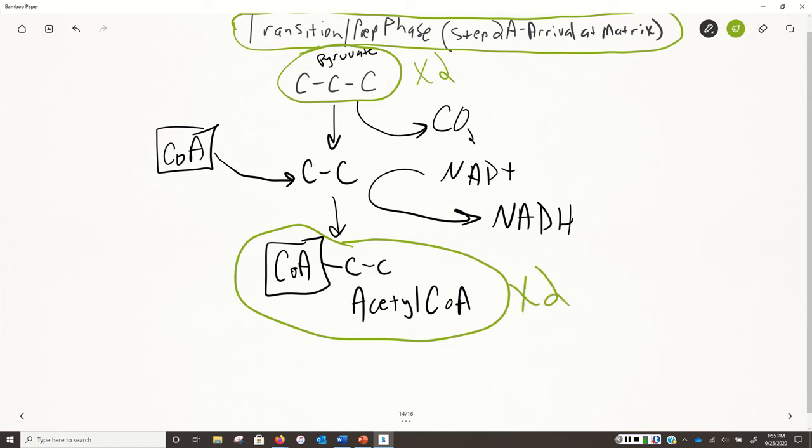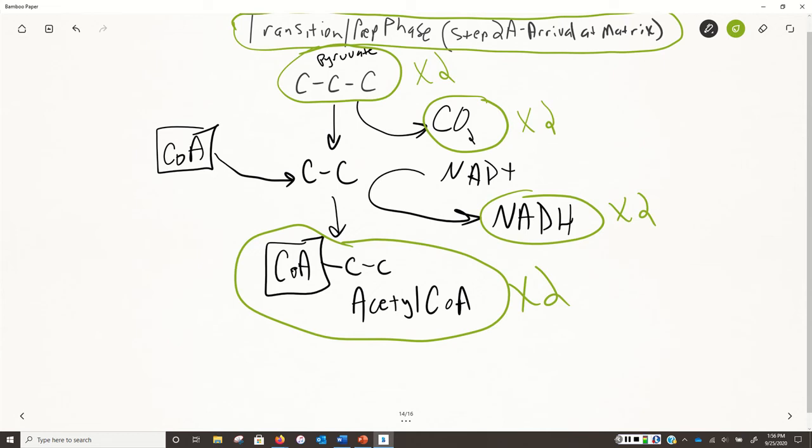We produce a waste carbon dioxide times 2 and an NADH times 2. So everything that we see here in black that I've circled in green happens twice. Once to the pyruvate that we just followed, and once to the other pyruvate that we produced in glycolysis.